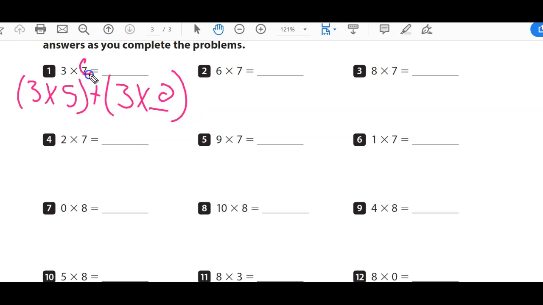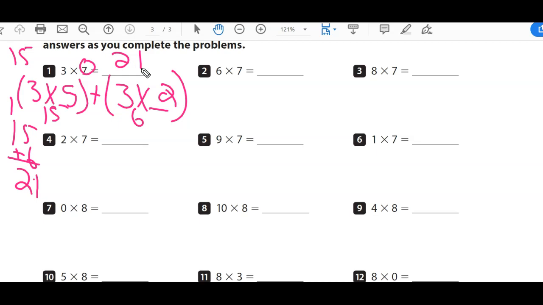If I break apart 7, I can use 5 and 2. That makes it easy to add. 3 times 5 is 15, and then 3 times 2 is 6. Then I add 15 plus 6, right? 5 plus 6 is 11. Put the 1 down. Carry the 1. 1 plus 1 is 2. So then what's 3 times 7? 21. That's another way to do it.